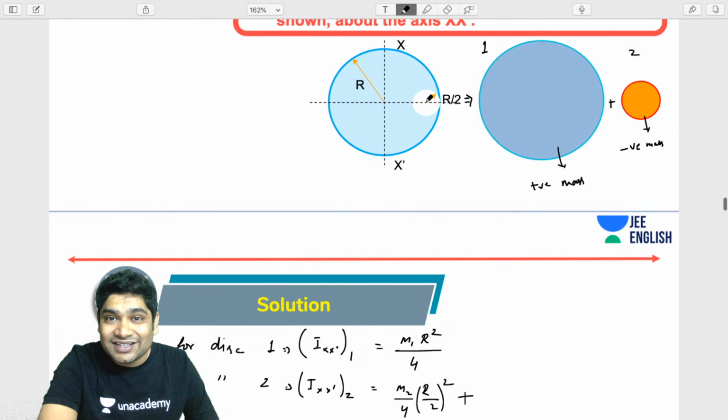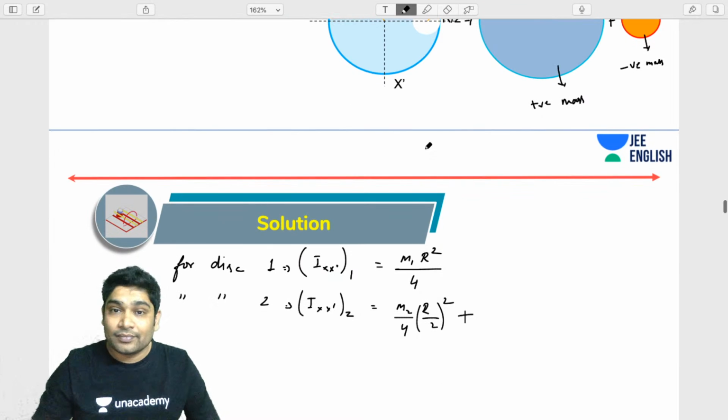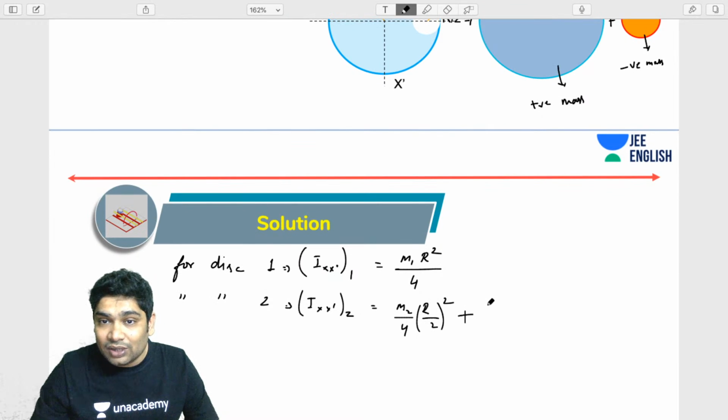About this axis, the perpendicular distance would have been 3 by 2 R, so plus M2 times 3R by 2 whole square.